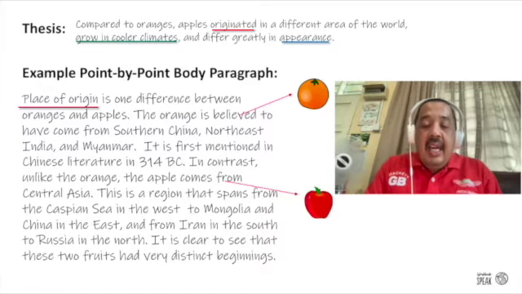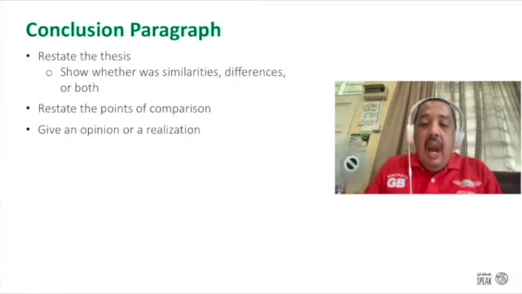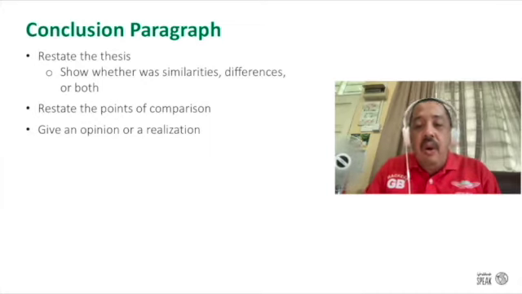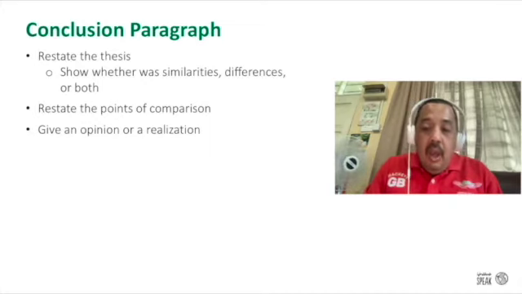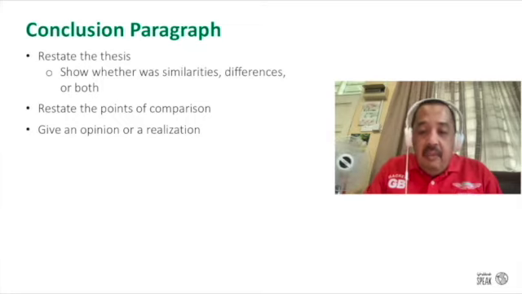And lastly, the conclusion paragraph. How do we write this? Well, we restate our thesis, simple, and that's what we tell the reader, that we focus on similarities or differences or both. We just remind them of that, and then our next sentence can talk about the points of comparison again, but in brief.